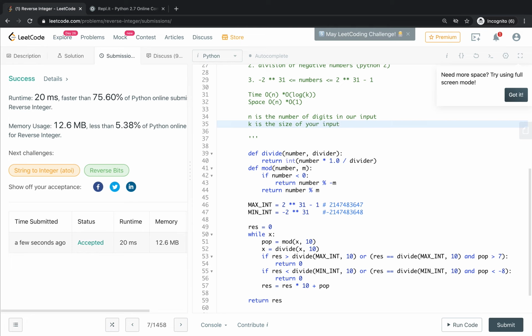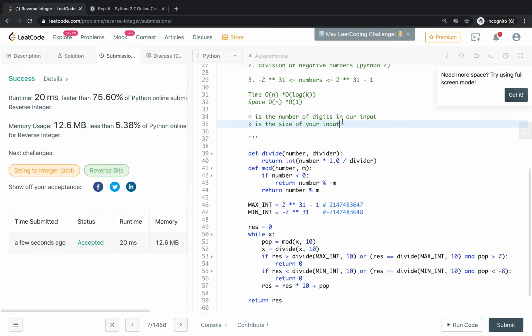Let's say your input is 1,000,000. It's log of k because 1,000,000 has 7 digits, so it translates down to 7 if you go by log base 10. So if it's 1,000,000 versus 1,000, the one that's 1,000,000 won't be 1,000 times slower, it's only going to be 3 extra digits slower. That's what it's saying.